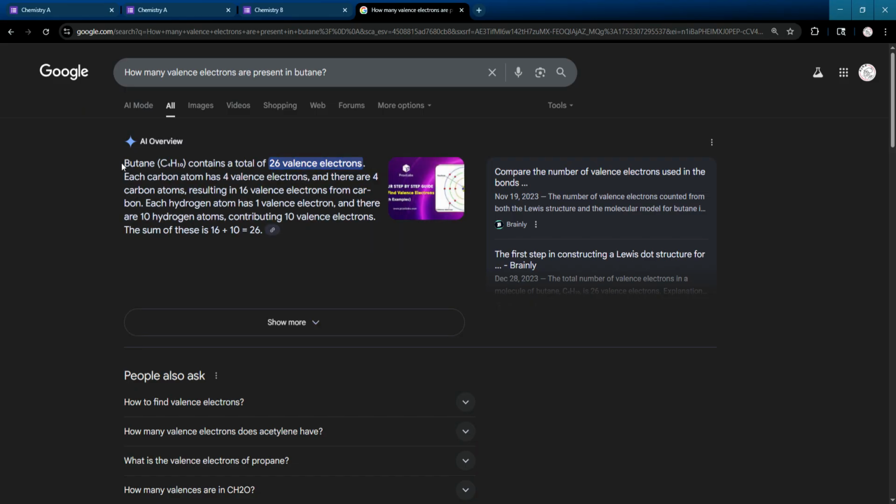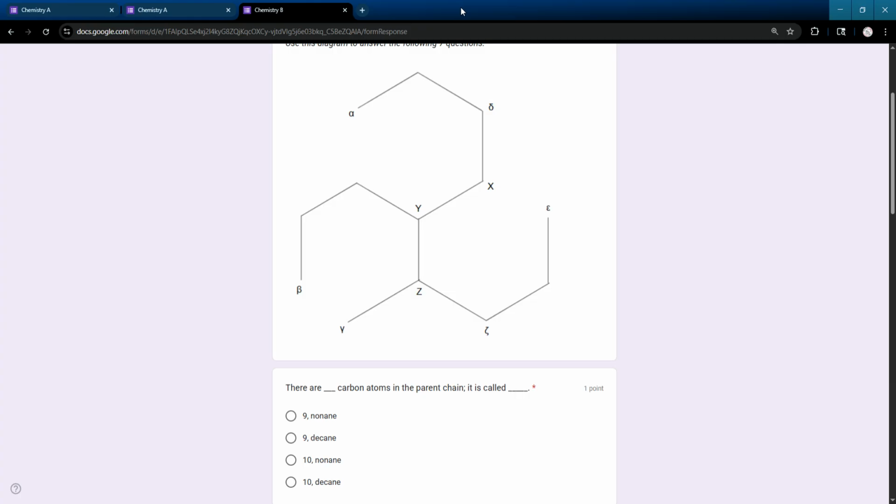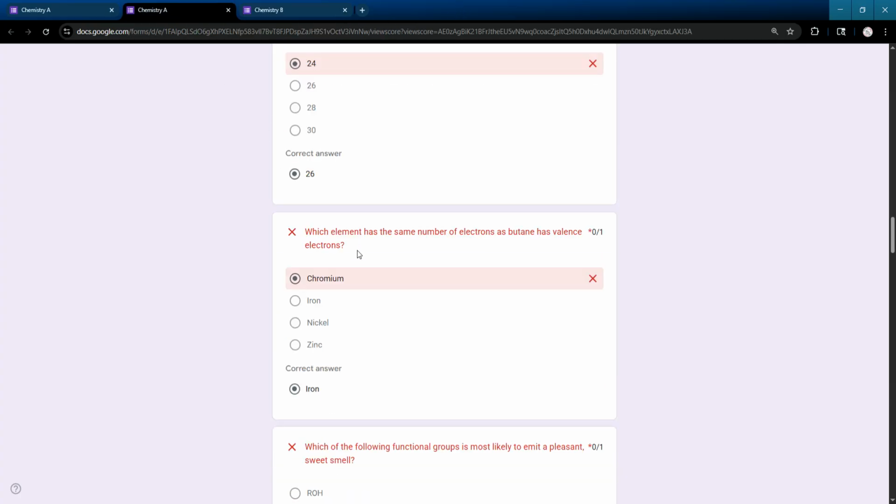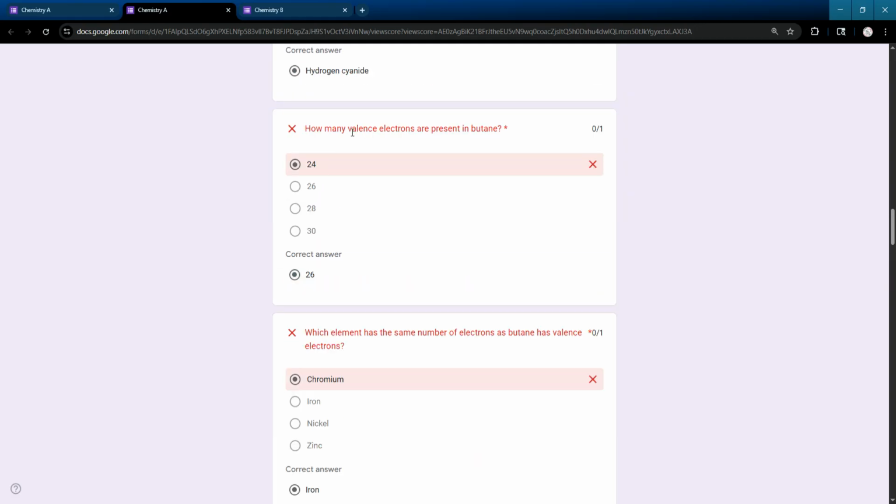So I guess this is a comment. This is just the total number of valence electrons butane has, 26. Same number, which is 26. Iron has 26, same as butane.